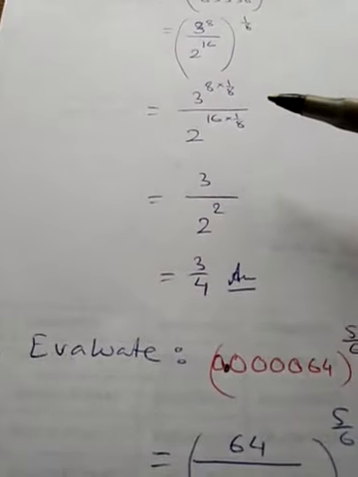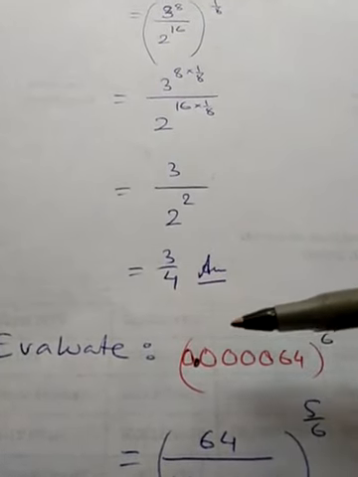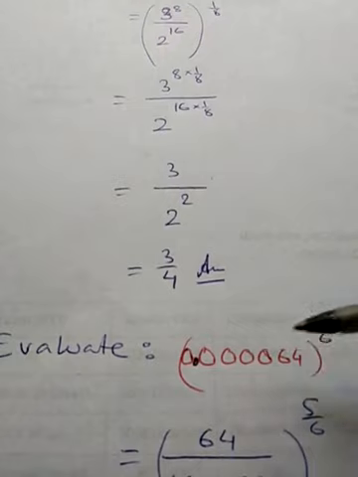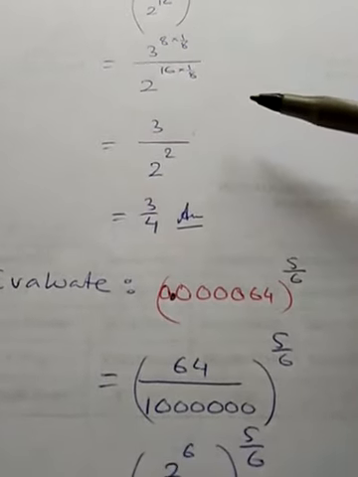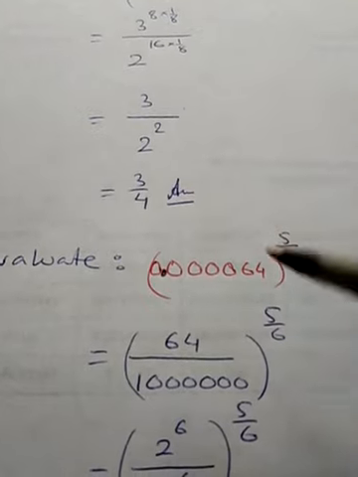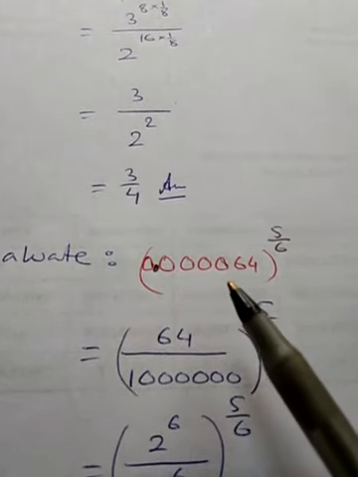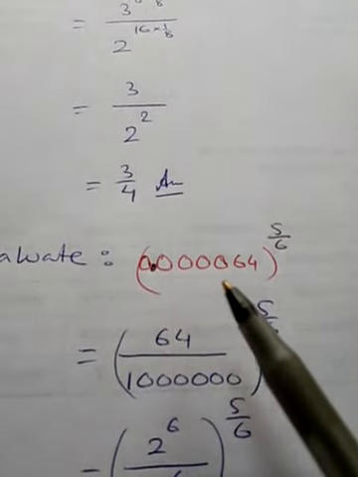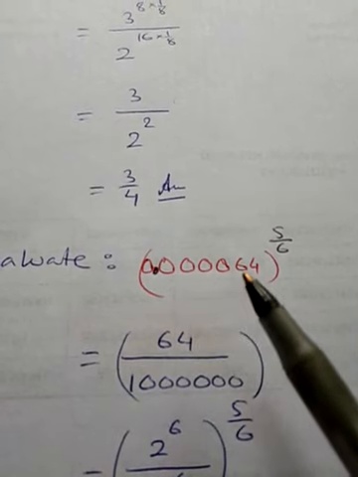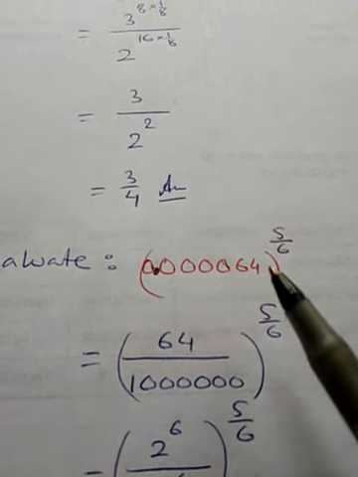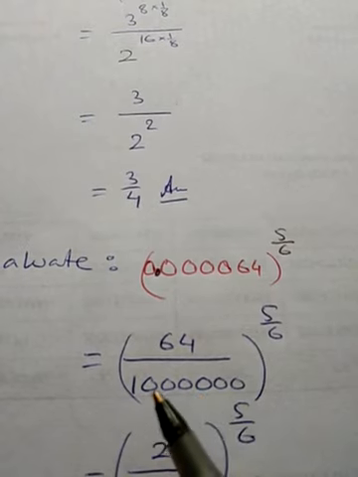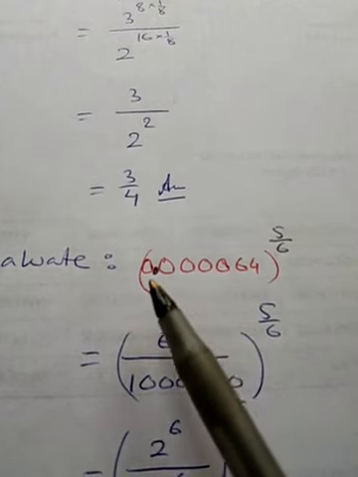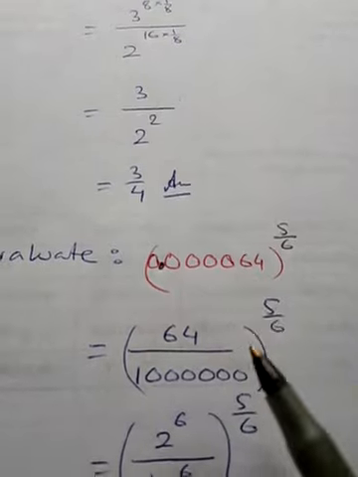Next sum, you have to evaluate 0.000064 to the power 5 by 6. First we have removed the decimal by multiplying it and dividing it with 1 and six 0s, because after the decimal we have 6 digits.